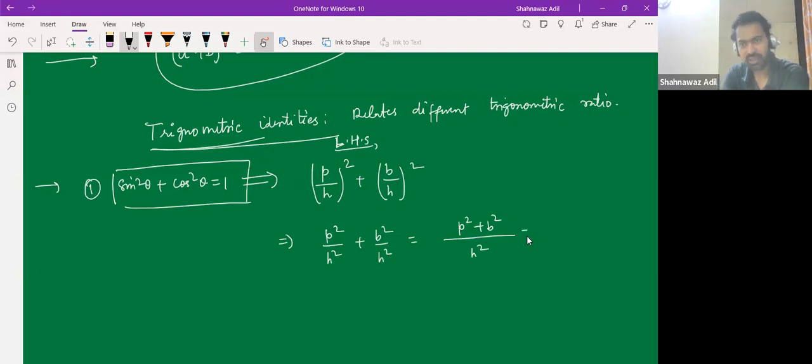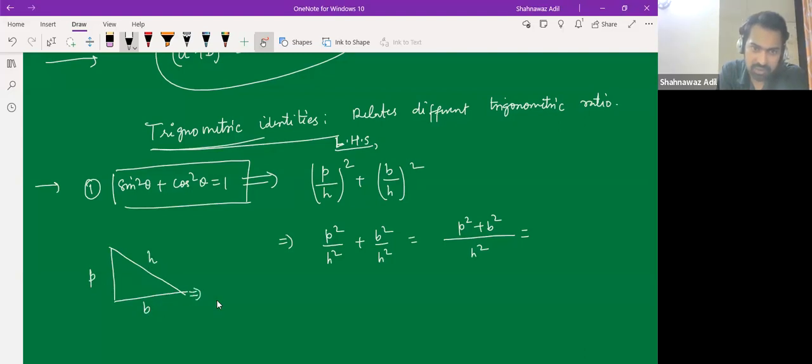So Tejasvi, can you tell me what is perpendicular square plus base square? Remember the Pythagoras theorem? Yes, perpendicular square plus base square. What is the Pythagoras theorem? We have this perpendicular, this base and this hypotenuse.